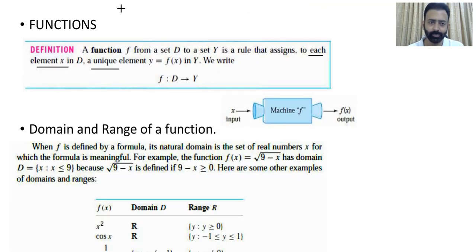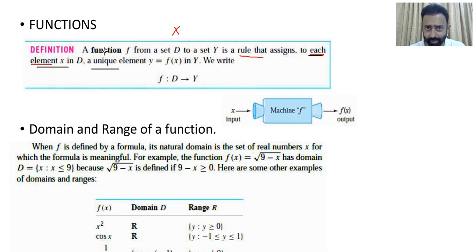Okay, now having understood all these concepts, let us arrive at the definition of the function. It says that a function f from a set D, I have called this input set x, because normally input variables are called x. So a function f from set x to set y is a rule which assigns to each element. Okay, this each element is very important.